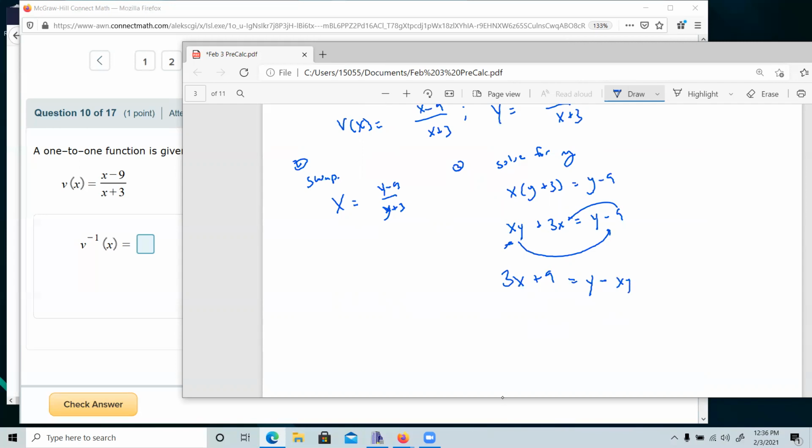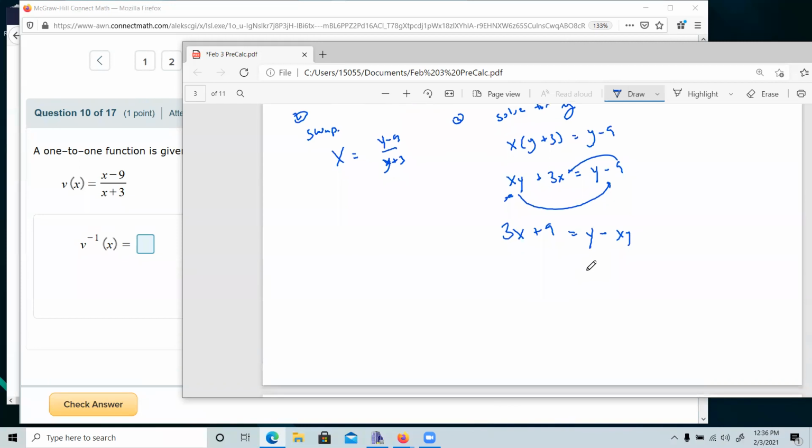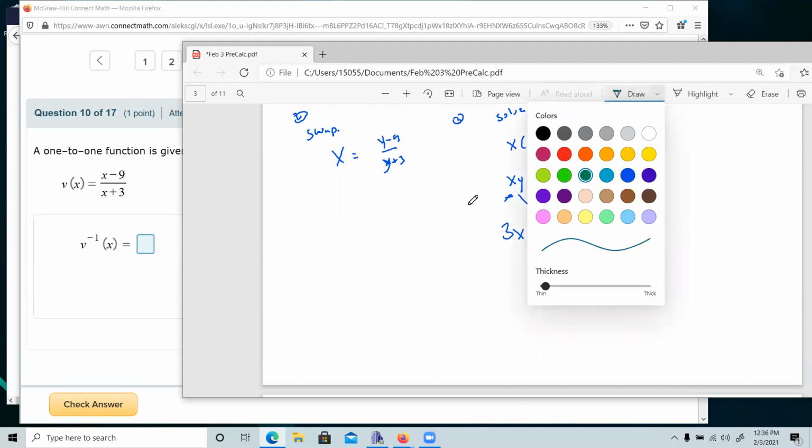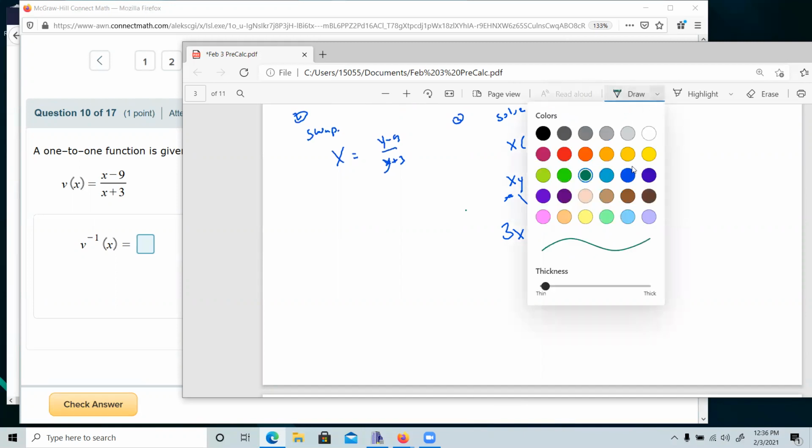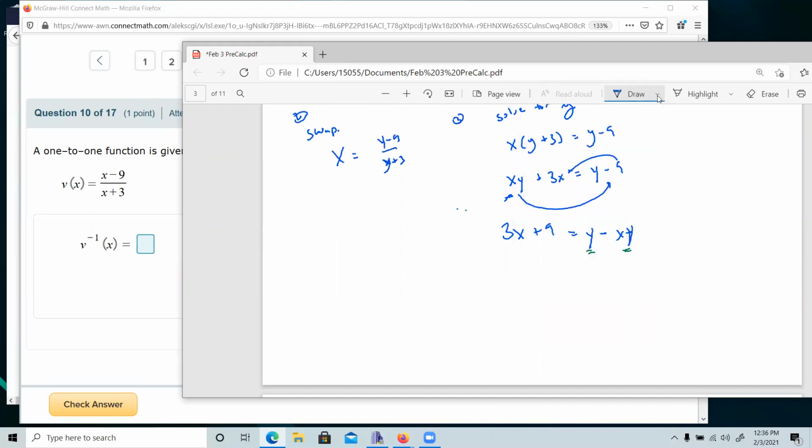Okay. Looks like I wasn't going to get away with having a nice function regardless of what I did. So what's common, right? Things that are common are my two y's. We're going to pull those out of the equation here.